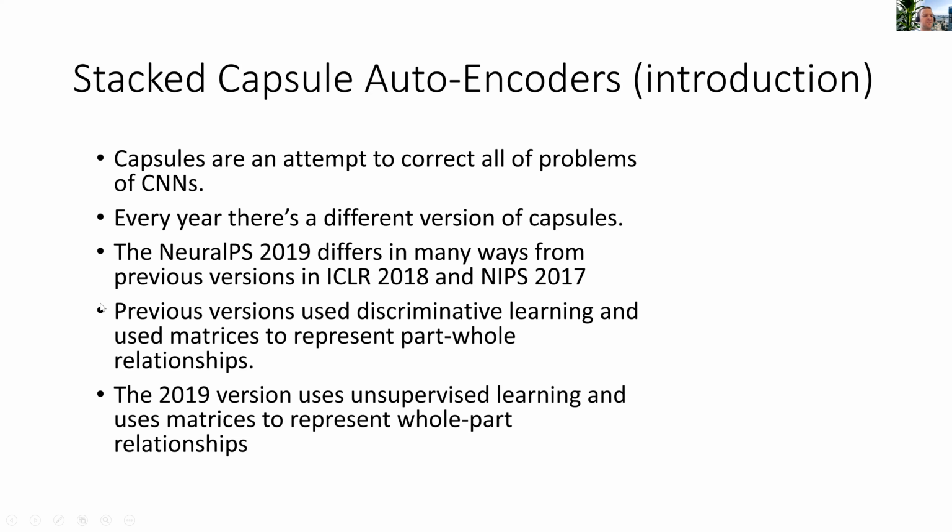The previous versions use discriminative learning and use matrices to represent part-whole relationships. The 2019 version uses unsupervised learning and uses matrices to represent whole-part relationships. So probably the most important thing is that this version's unsupervised.